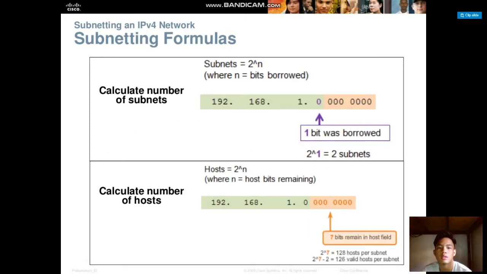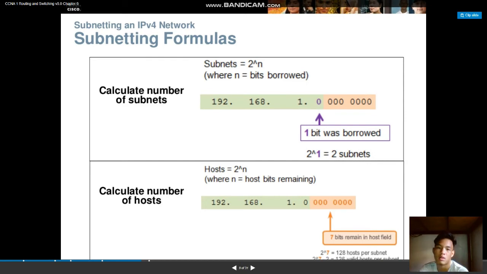Subnetting formulas. Calculate the number of subnets. Subnets equals 2 raised to n, where n equals the bits borrowed. 1 bit was borrowed, so 2 raised to 1 equals 2 subnets. Calculate the number of hosts.